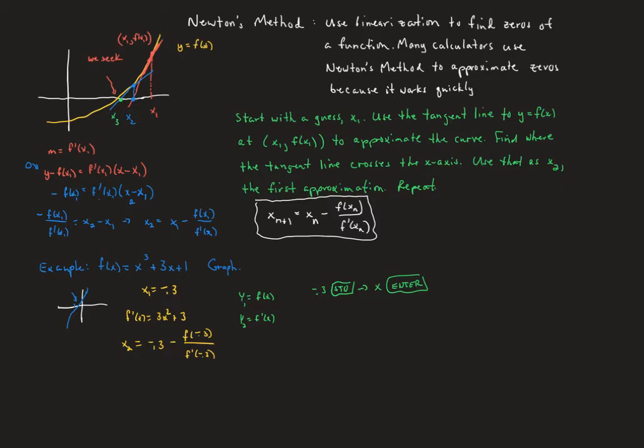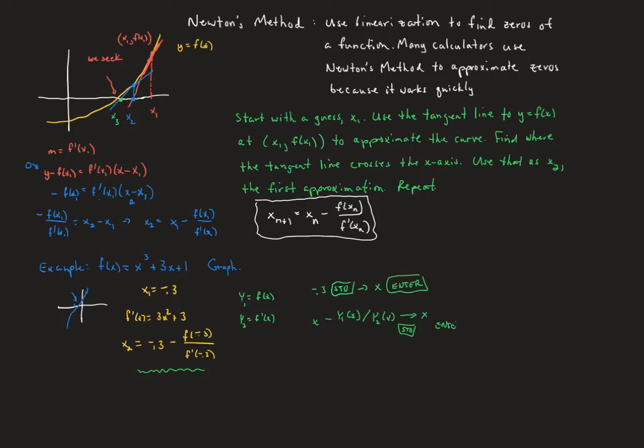Then in the next line, we can do essentially what you see right in here. We go x, which is our -0.3, minus y1 of x divided by y2 of x, and then hit the store button again, hit x again, and then hit enter.